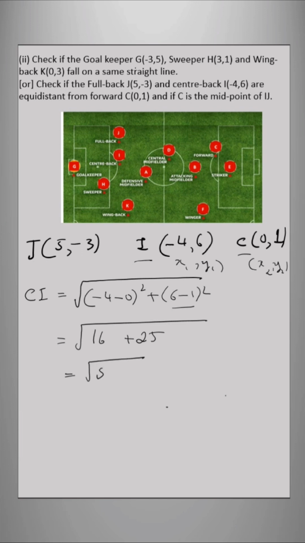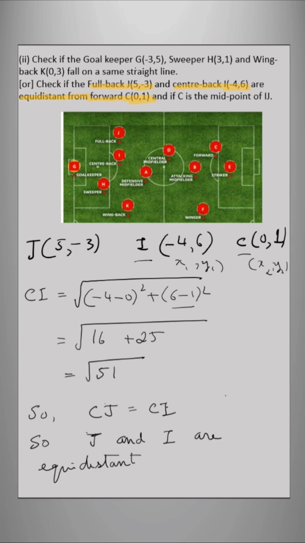So we can say that CJ is equal to CI. Then now we can say that full back J (5, -3) and center back I (-4, 6) are equidistant from forward C (0, 1). So J and I are equidistant from C.